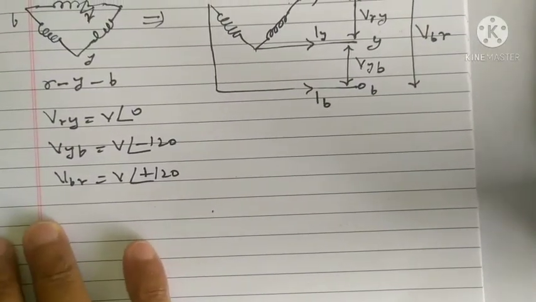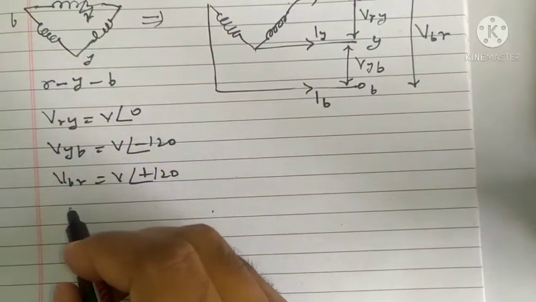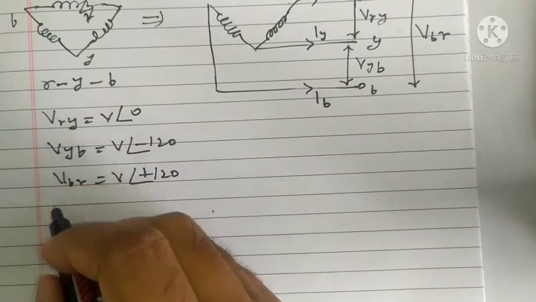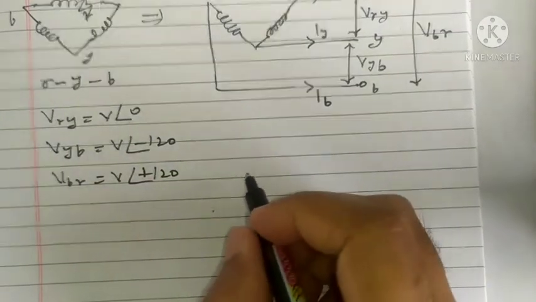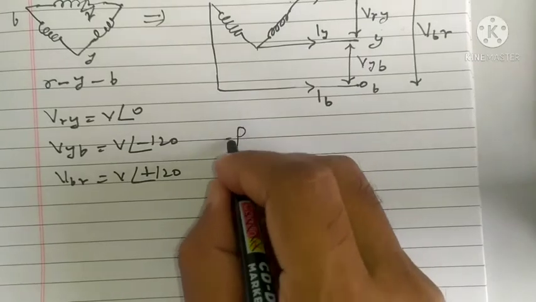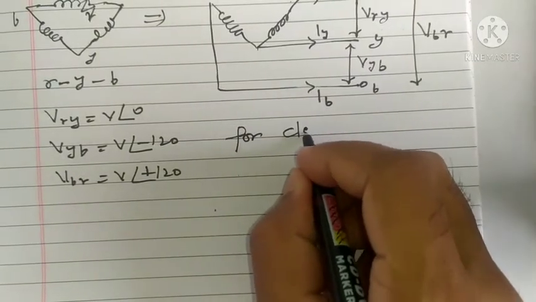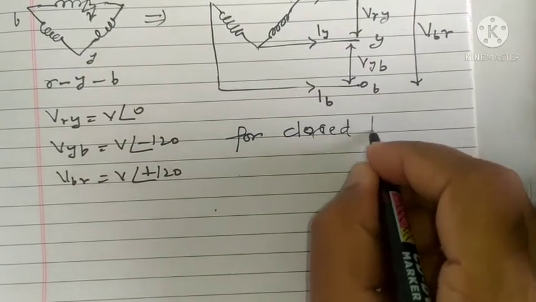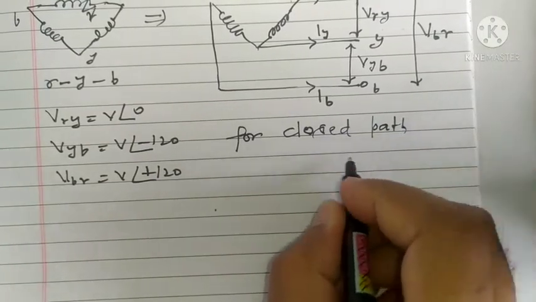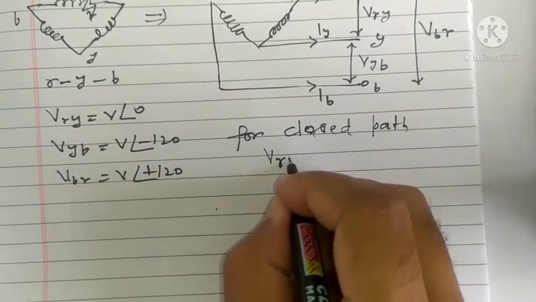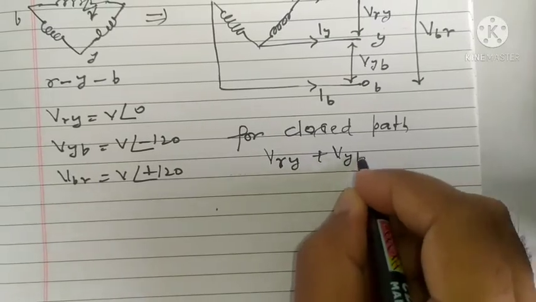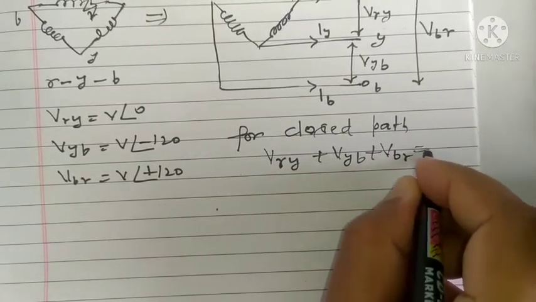And for a closed path, the sum of these three voltages will be 0. I can write here, for closed path, VRY plus VYB plus VBR equal to 0.